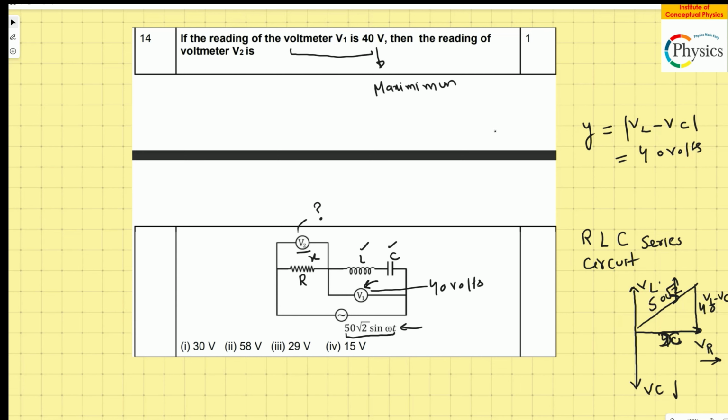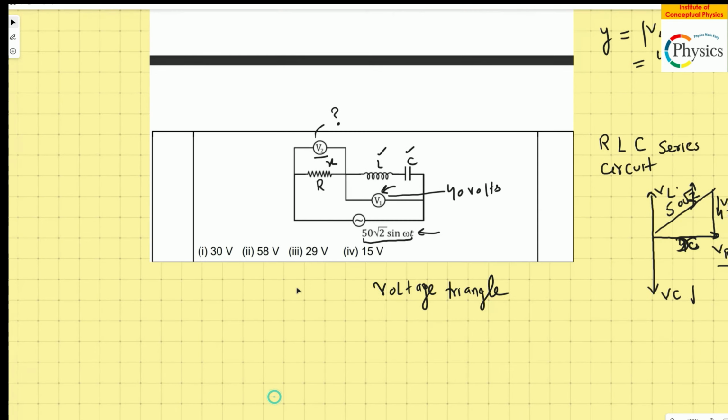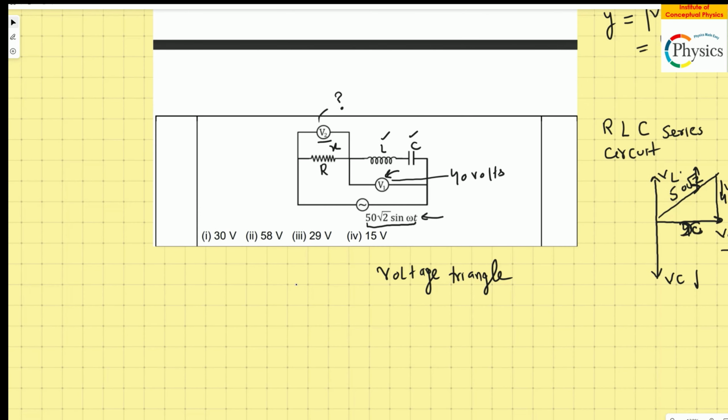So what you have done is create something called a voltage triangle. A voltage triangle looks like this, right? So let's write the equation and try to solve this. Let's apply Pythagoras theorem. 50 root 2 whole square is the hypotenuse square, equal to base square plus perpendicular square. The base has to be found out.